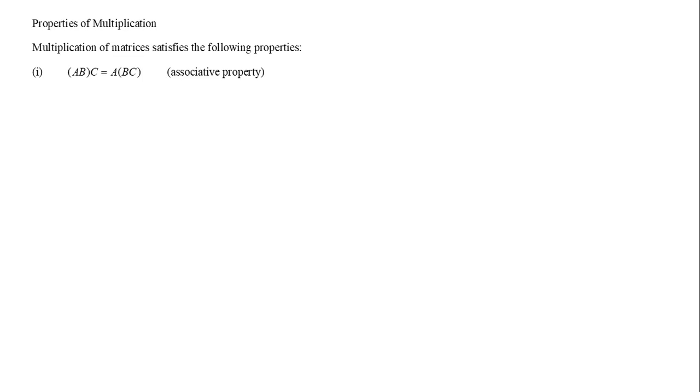That is why you don't see it there. But we are going to have the associative property. If I have matrix A, B, I use it to multiply C. It's the same as saying matrix B, C, and I use it to multiply A. That is the first property under multiplication.